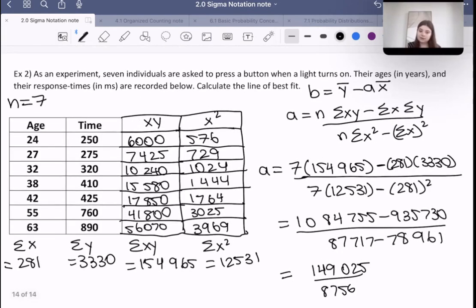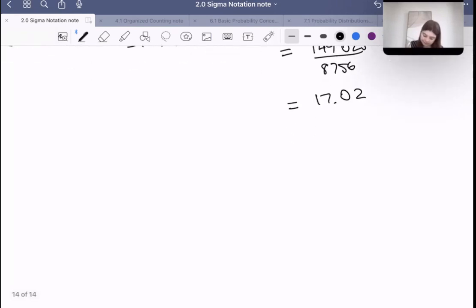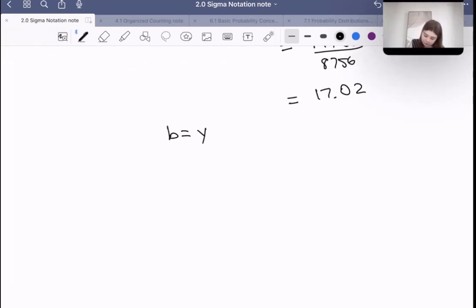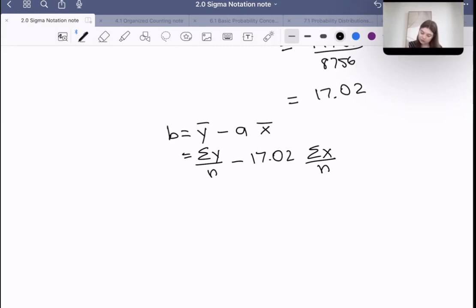Now we need to figure out B. So B is equal to this. And we know that the average y value is going to be the sum of all y values over n, and likewise the sum of x values over n is going to be the average x value, sorry.